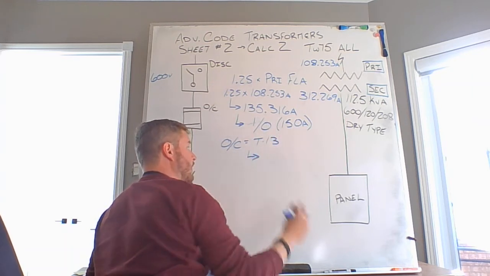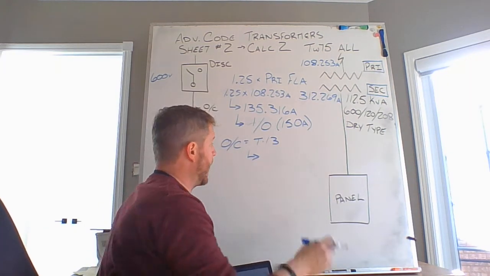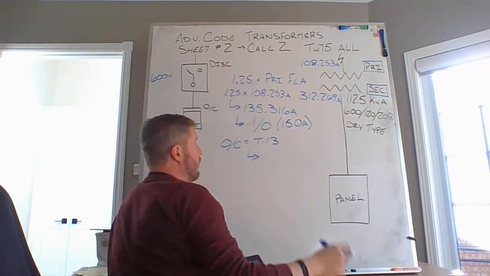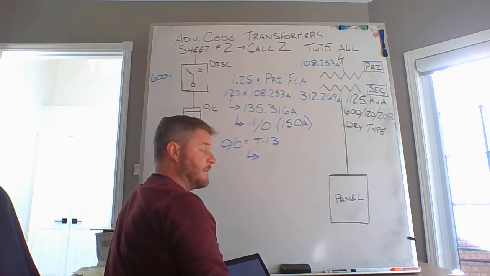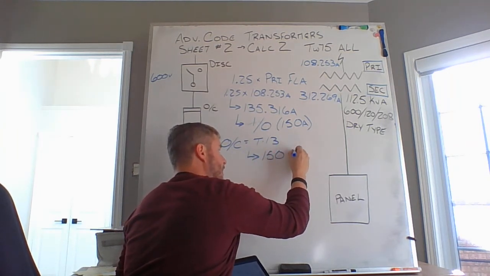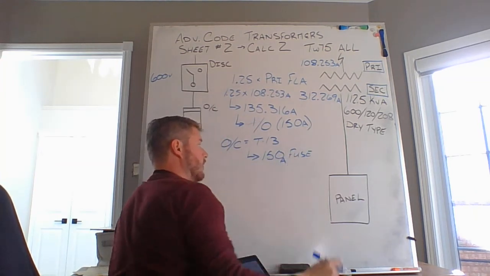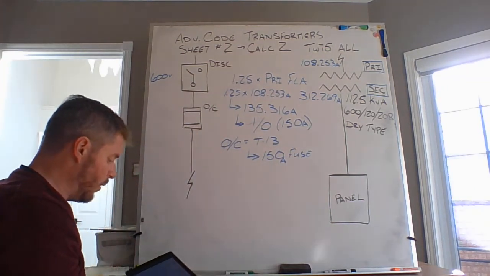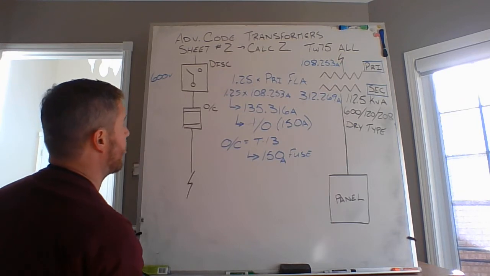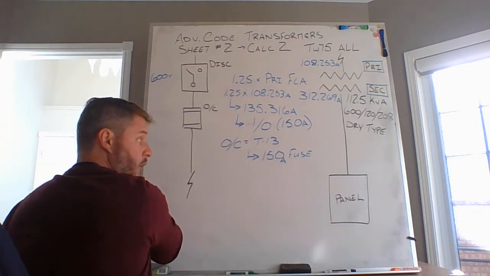And if I take those values to table 13, they do make a 150 amp fuse, and I am allowed to exceed that 135.316. I'm within range on that one. So I can install a 150 amp fuse. Totally. For that one specific calculation. Okay? So I know that I'm putting in a 150 amp fuse.